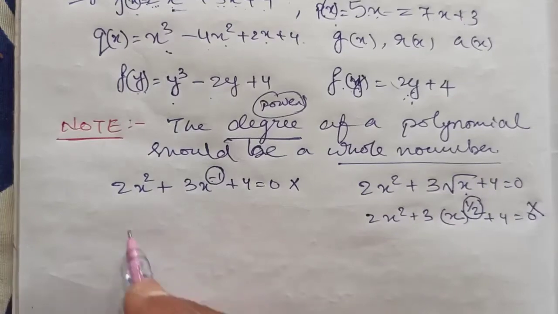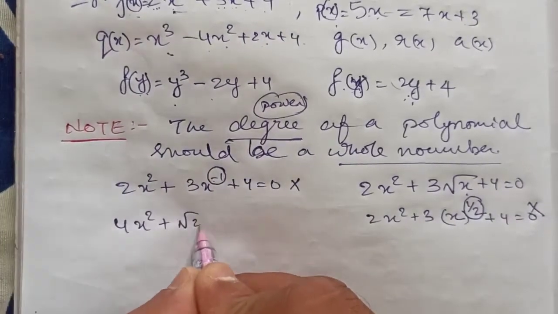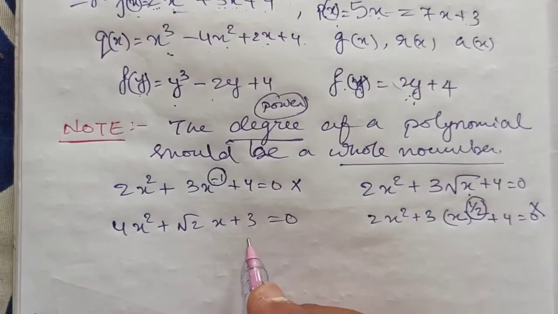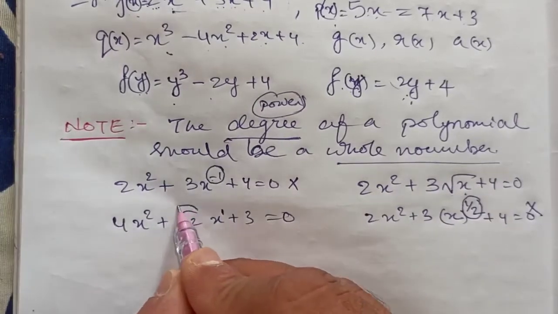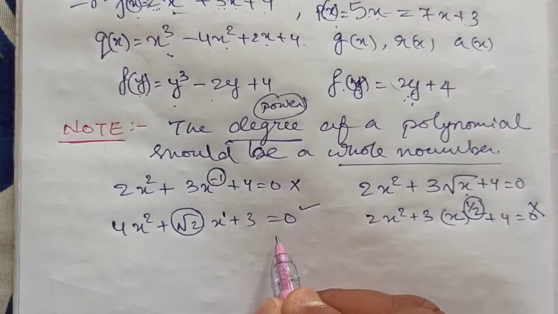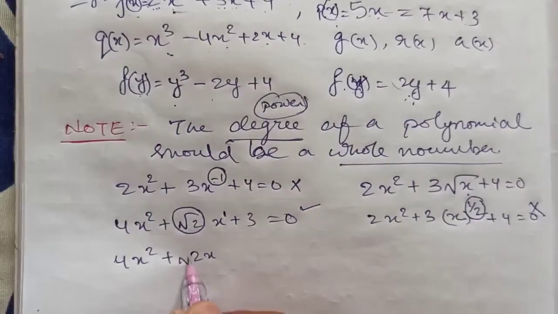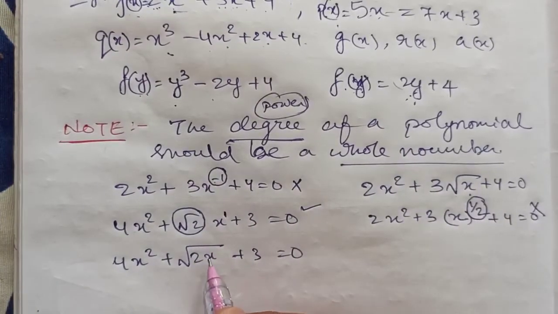If I write 4x square plus root 2x plus 3 equals 0, is it a polynomial? Yes, it is a polynomial. See, the degree of x is 1. The root is only given for 2. So this is a polynomial. But the same question, if it is given like this, can you see that the root is given for both the number and the alphabet?